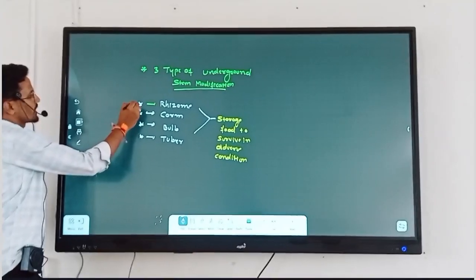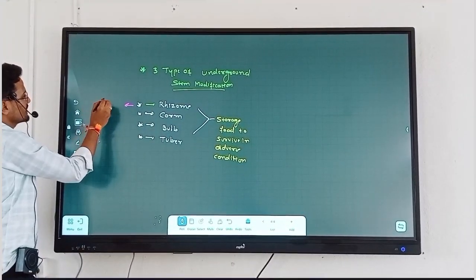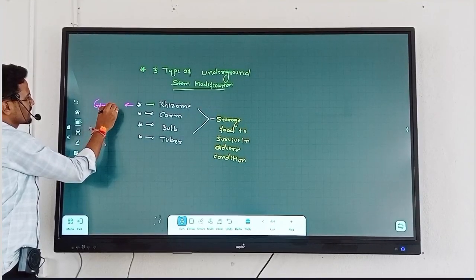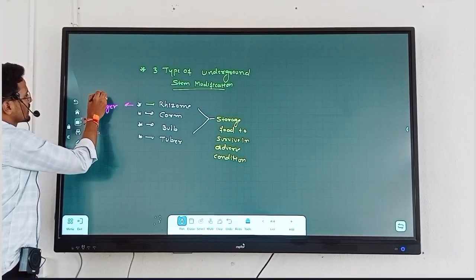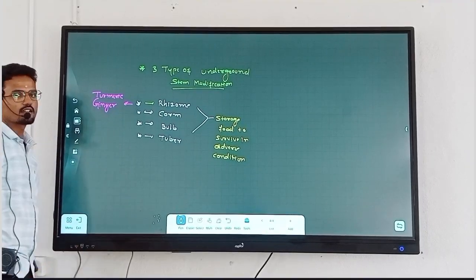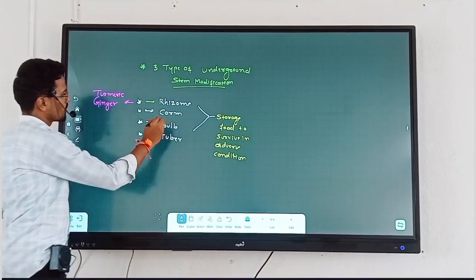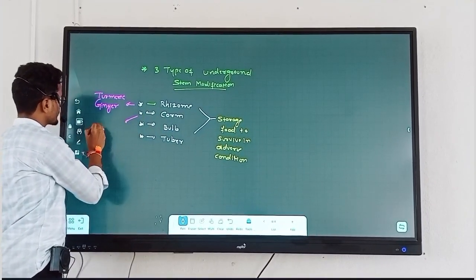Examples for these different types of stem modification: for rhizome, we have ginger and turmeric. Next, the example for corm is colocasia.